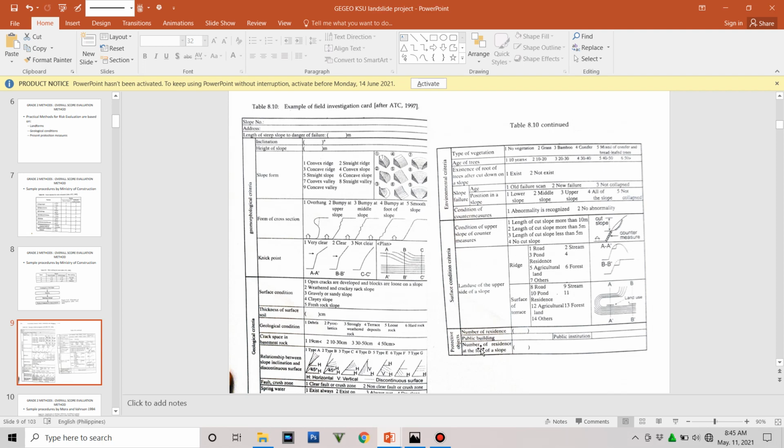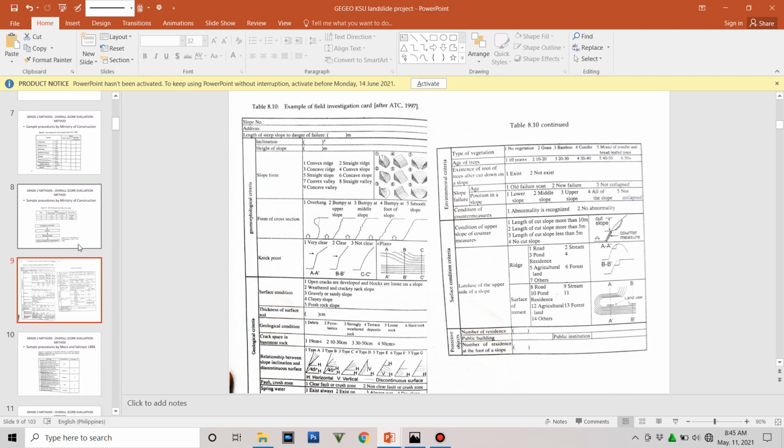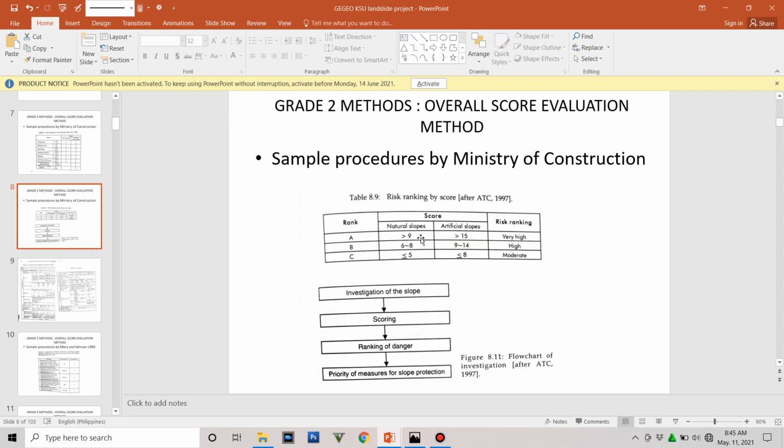Land use, number of residents, public building, number of residents at the foot of the slope. So those are the information so that you can appropriately score and refer to the table here. Okay, this one. It is ranking.